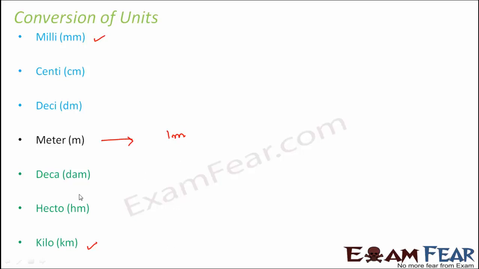Now as you go down, these become bigger units. When you talk about decameter, 1 decameter is equivalent to 10 meters. 1 hectometer is equivalent to 100 meters. 1 kilometer is the same as 1000 meters.